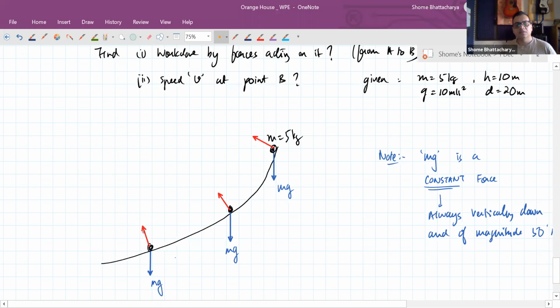So the normal reaction keeps changing direction such that it is always tangential. That means if you draw a tangent at the point on the curve, it is perpendicular to the tangent. It's normal in direction like this.